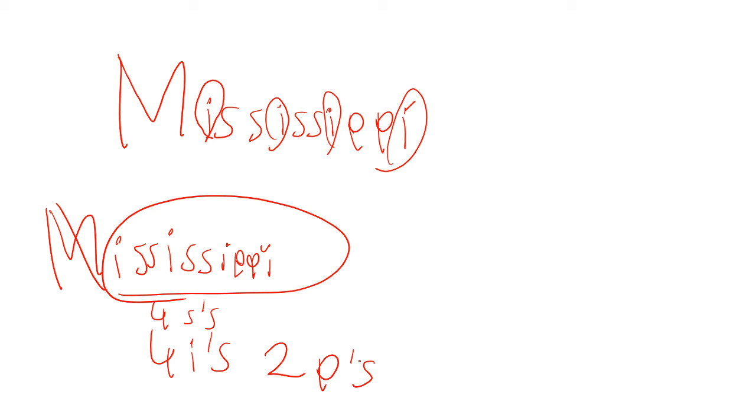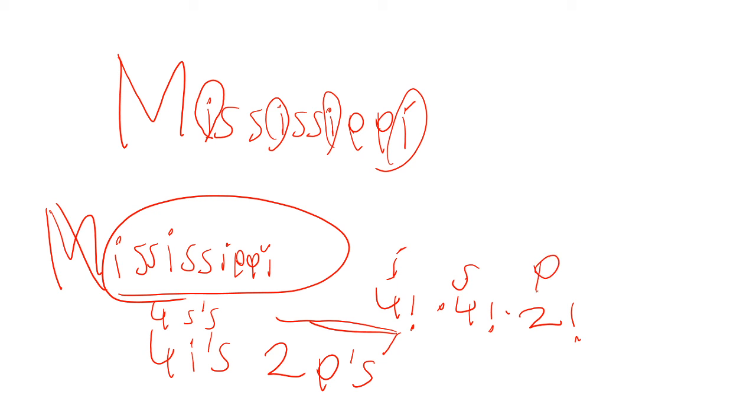And if we were to put all of these together as different, we would have a 4 factorial times a 4 factorial times another 2 factorial, which is 2 obviously, but that's what we would have to arrange these 3 ways, because the S's or the I's can be arranged in either of these 4 factorials. I can do an I here and an S here. And this is the P. We can arrange the P 2 different ways if these were different.